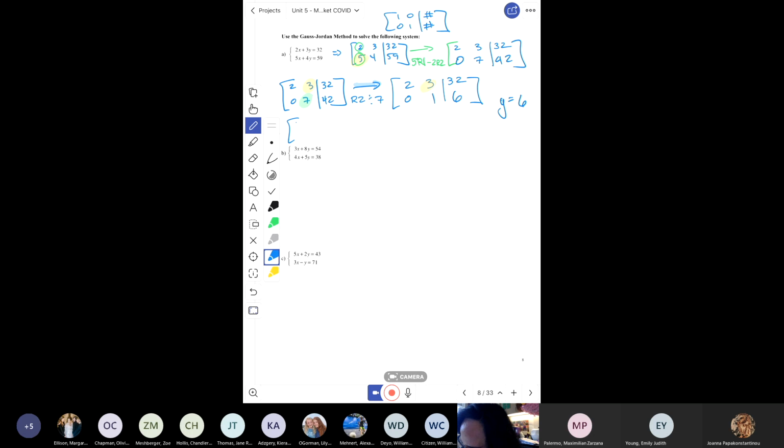Okay. Let me just rewrite this. Not changing the second row. I have what I need there. But then, what am I doing to get a 0 for the 3? Row 1 minus 3 times row 2.